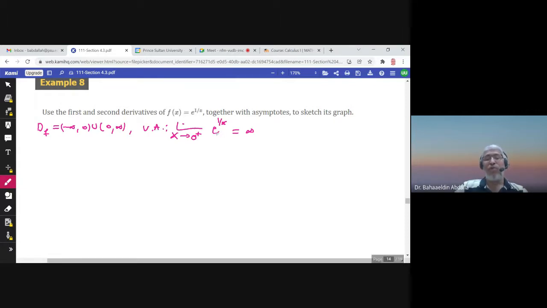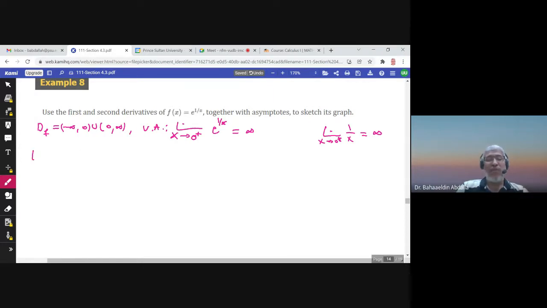That's important because for the limit of 1 over x when x approaches 0 from the right, we have to find out whether it's positive or negative infinity. To do that, we replace x by a number greater than 0, like 0.1. The sign is positive, so the limit when x approaches 0 from the right is infinity.